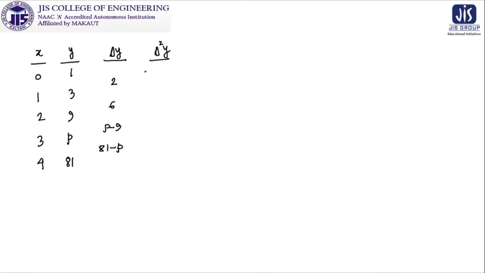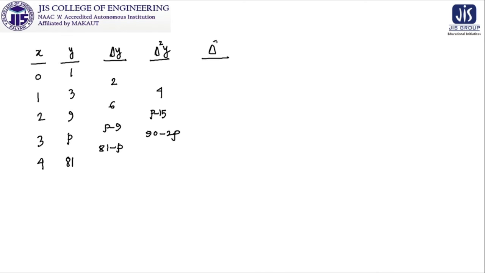Then I am moving for second order forward difference operator on y. So it will be 6 minus 2, that is 4, and it will be p minus 9 minus 6, so it will be p minus 15. The next one will be 81 minus p plus 9, that is 90 minus 2p.